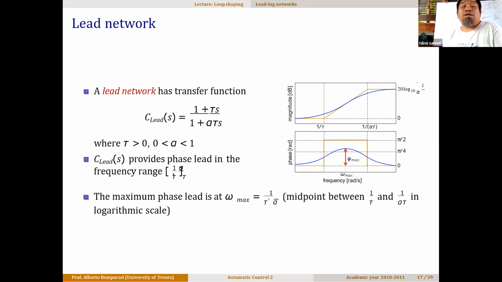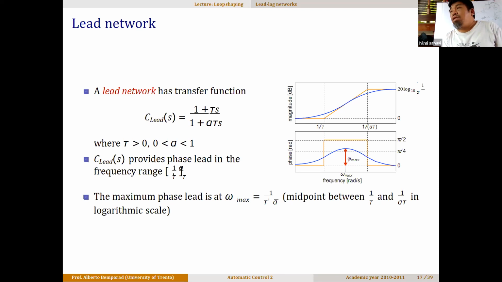Okay. So kalau kita tengok lead network, will provide the phase lead in a certain frequency range. So the frequency range of the cut-off sampai dia habis cut-off, sebab dia phase dia berubah kat situ.